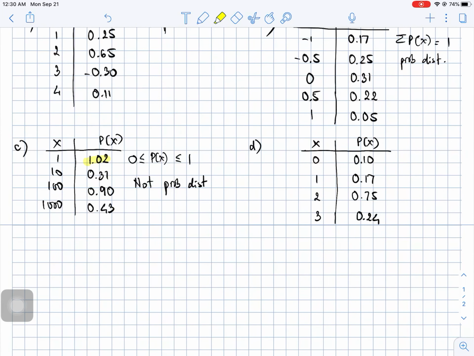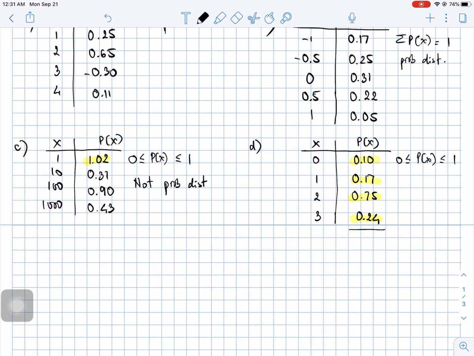In part D, we have the probabilities 0.10, 0.17, 0.75, and 0.24, all of them between 0 and 1. So all of them satisfy the first condition. Now we need to add them up. When we add them up, the answer is not equal to 1.